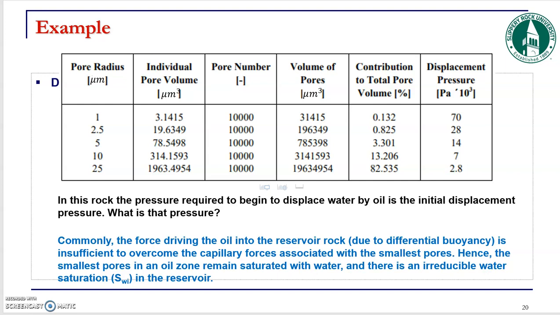Now on the right side there is individual pore volume, which means that each of your 1 micrometer pores, this is a fictitious sample of course, each of those 1 micrometer pores have this much of volume, for example 3.14. Each of those 2.5 micrometer pores have 19 cubic micrometer volume, and so on and so forth, right?